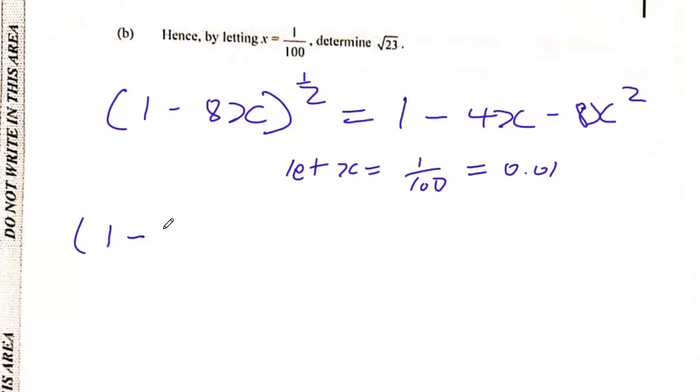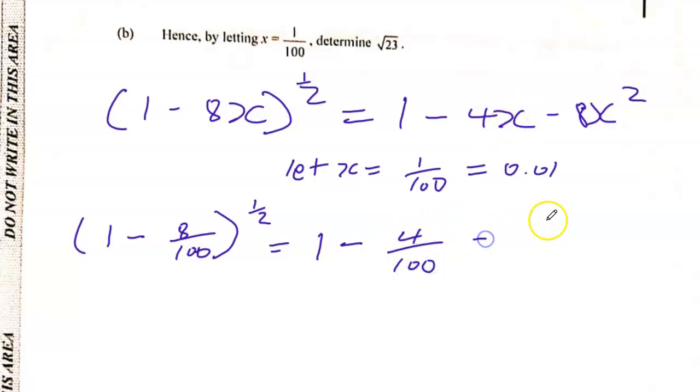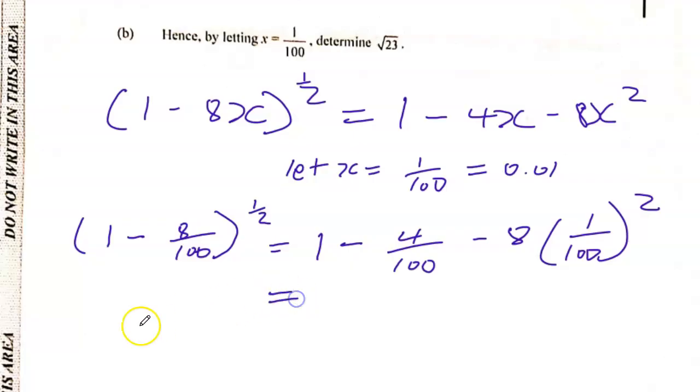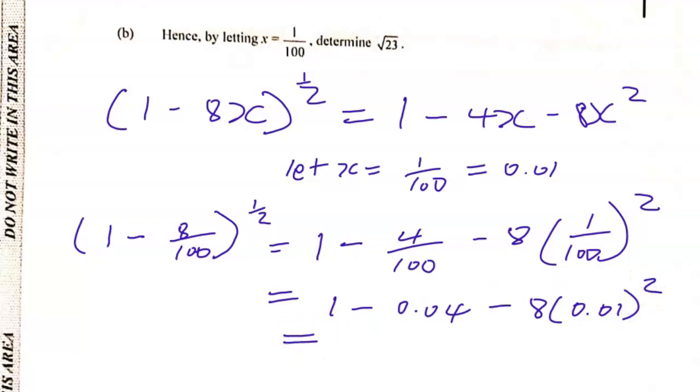minus 8 over 100, to the power of a half, will become 1 minus, if x is 1 over 100, so 1 minus 4 over 100 minus 8 times 1 over 100, all squared. So in the bracket, what we actually have here would be 1 minus 0.04 minus 8 times 0.01 squared, and that will work out to be 0.9592.